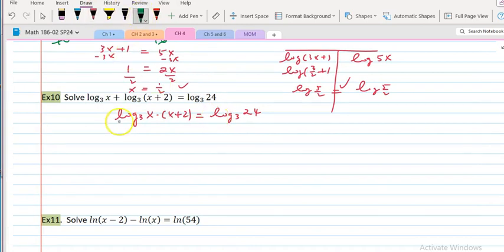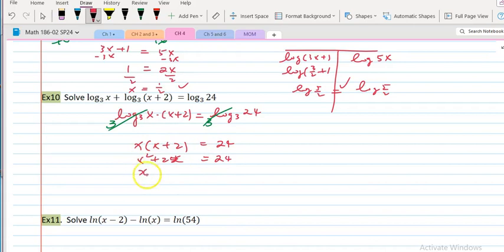So I'm going to do base 3 of exponent on both sides. It'll cancel them, right? So I would have x times x plus 2 equal to 24. X squared plus 2x equal to 24. X squared plus 2x minus 24 equal to 0.